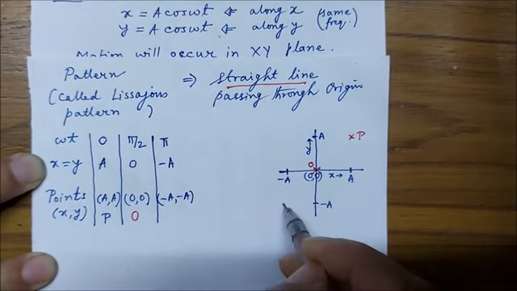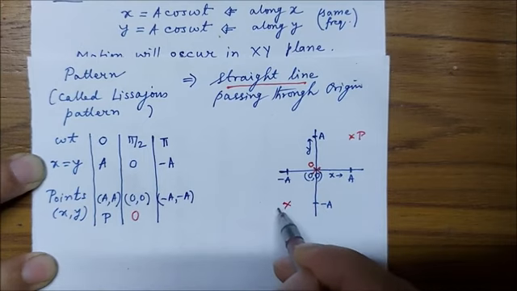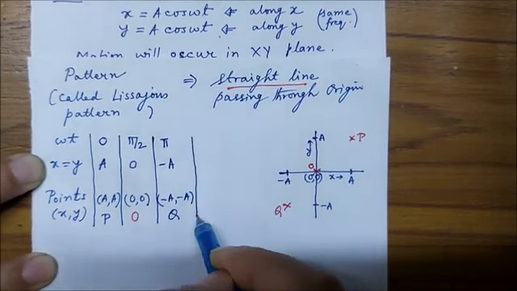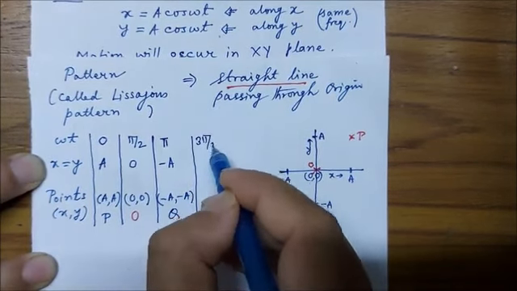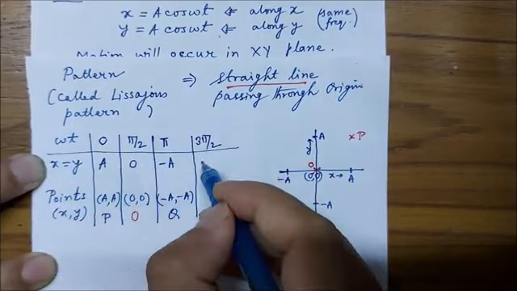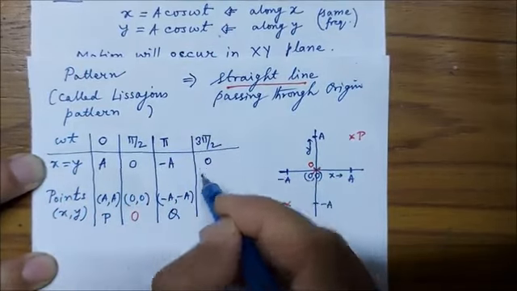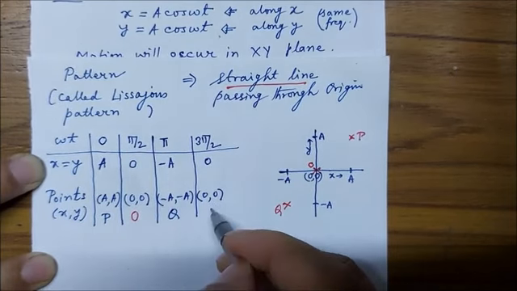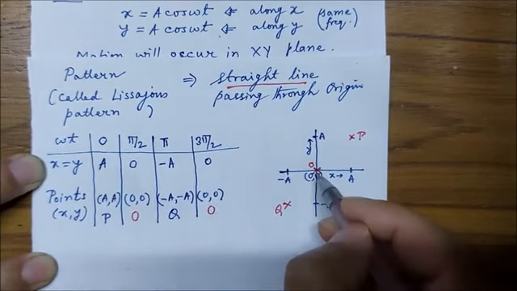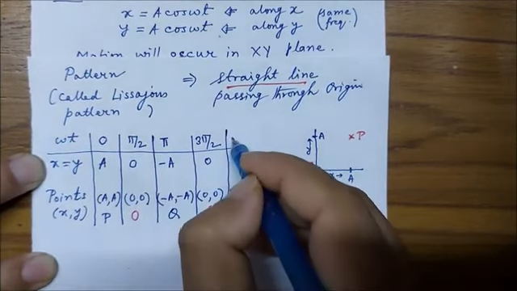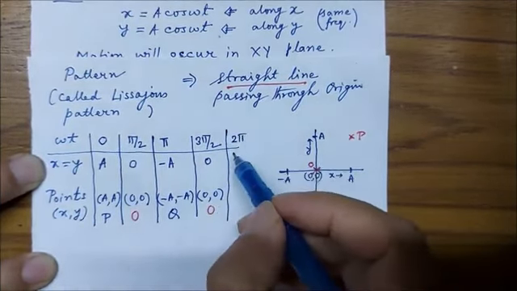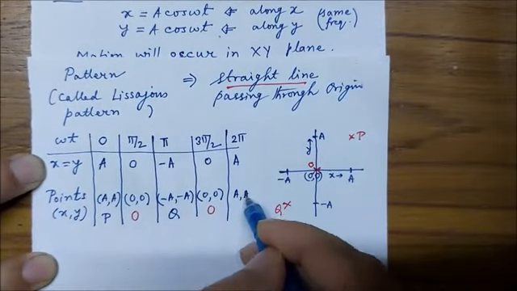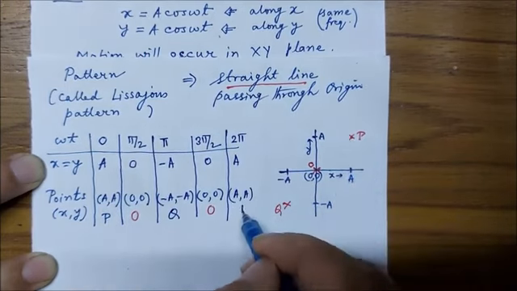This corresponds to a point here, which let us call Q. Then for omega t equal to 3 pi by 2, cosine is 0. So the coordinates are 0 0. So it is at the origin here, and then at 2 pi, cos 2 pi is 1, so it is a. Coordinates are a and a, so we are back to P.